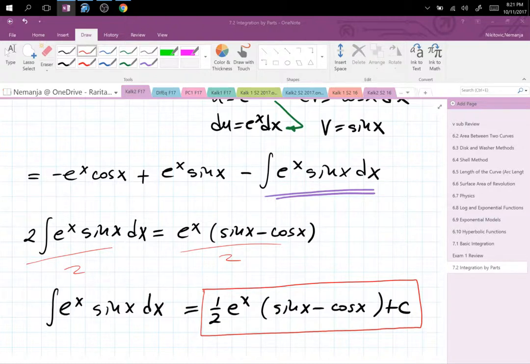So, as I said before, practice, practice, practice. When you hit the brick wall, turn around and run the other way. That means you choose a different combination for your u and dv. And the most important part, do not give up, because there are just a finite amount of things that you can try.